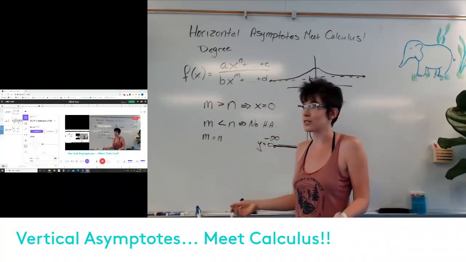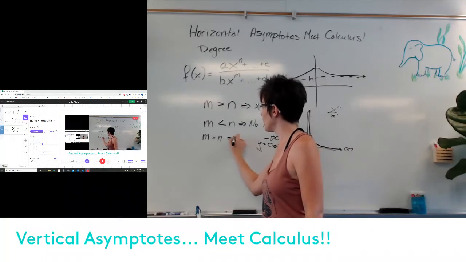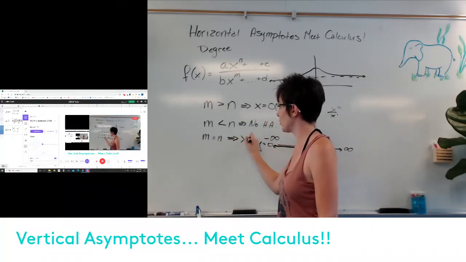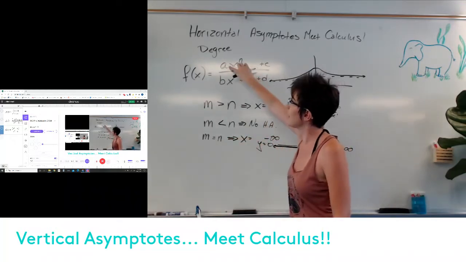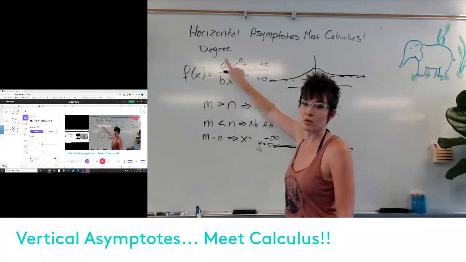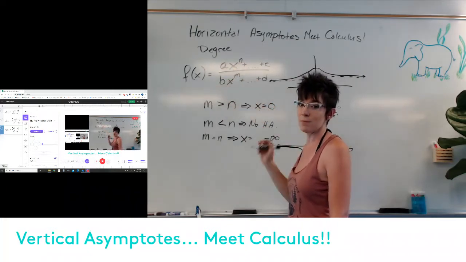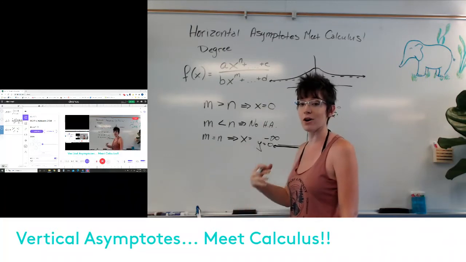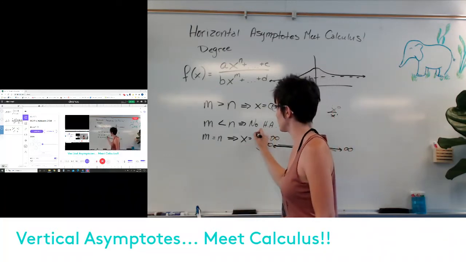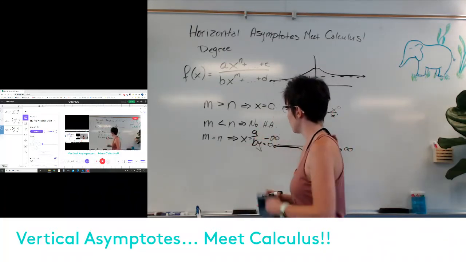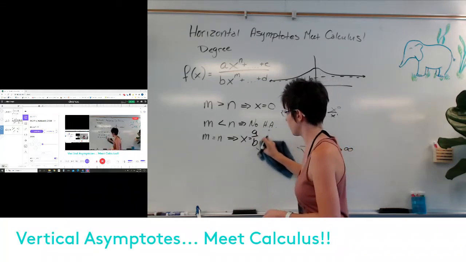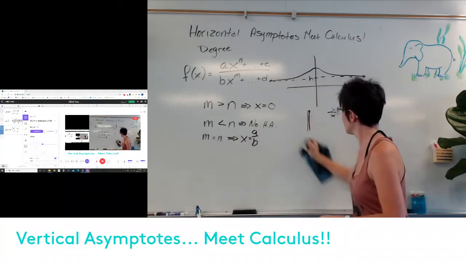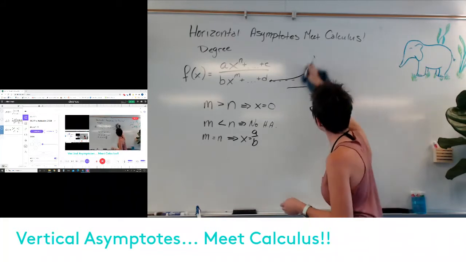Well, it's a cool situation where you wind up with a horizontal asymptote at y equals a over b. So the leading coefficients become the value of your horizontal asymptote. So it's a over b. And I'm going to erase this stuff and get that out of the way.